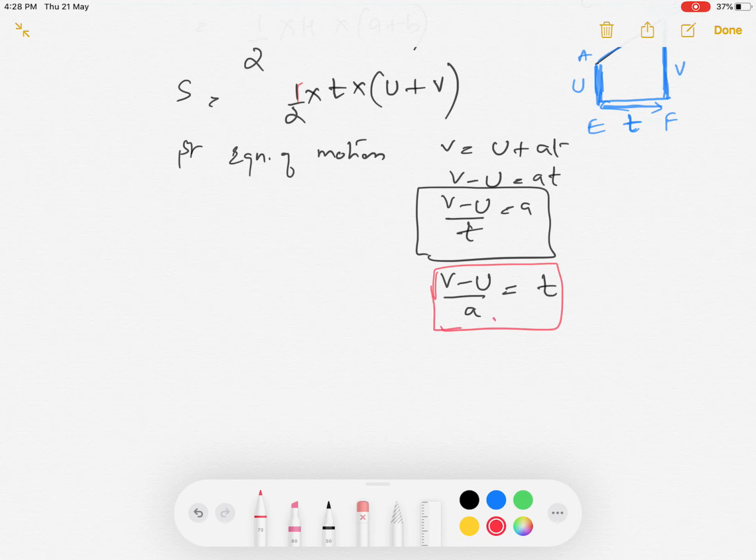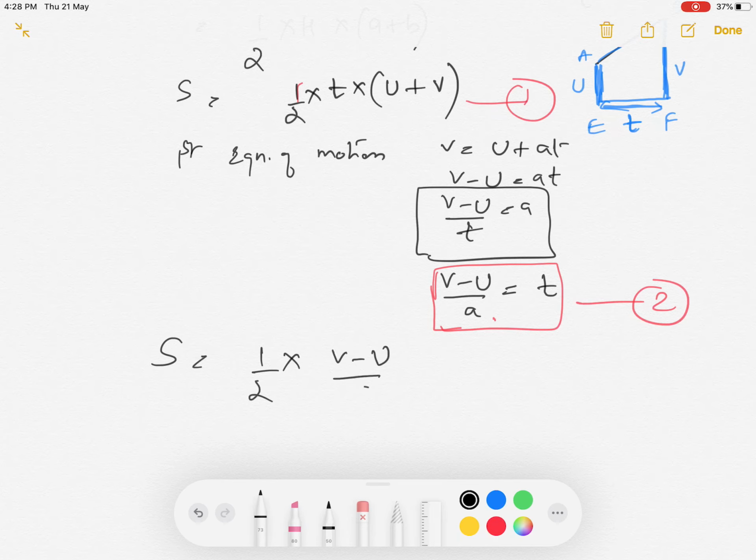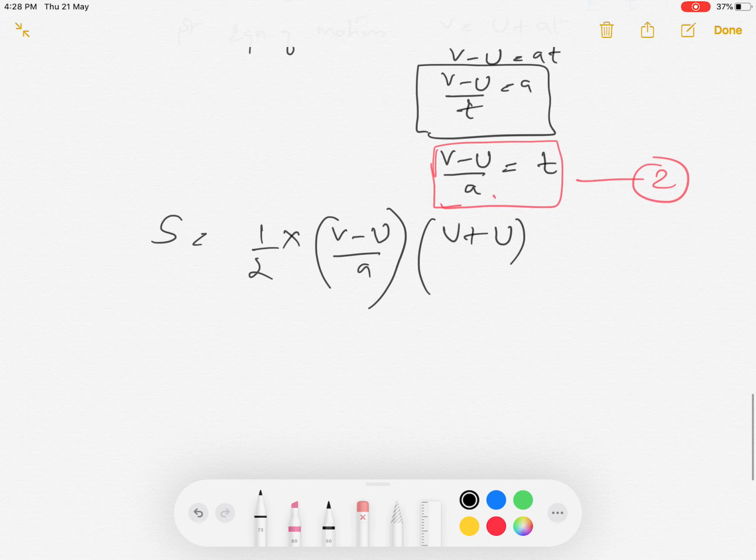This thing we have to take the value of time t here from this equation 2 and substitute in this equation 1. So s is equal to half, t can be written as v minus u upon a, and this is v plus u. Either you write u plus v or v plus u.